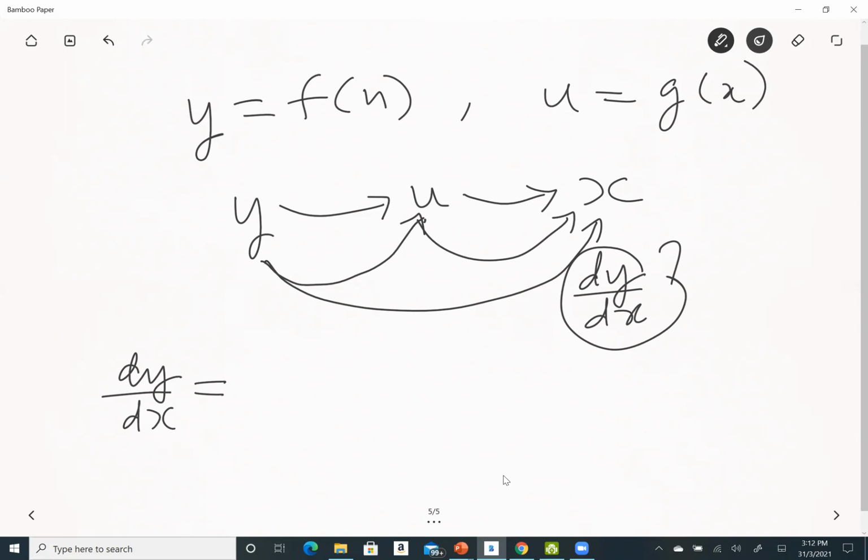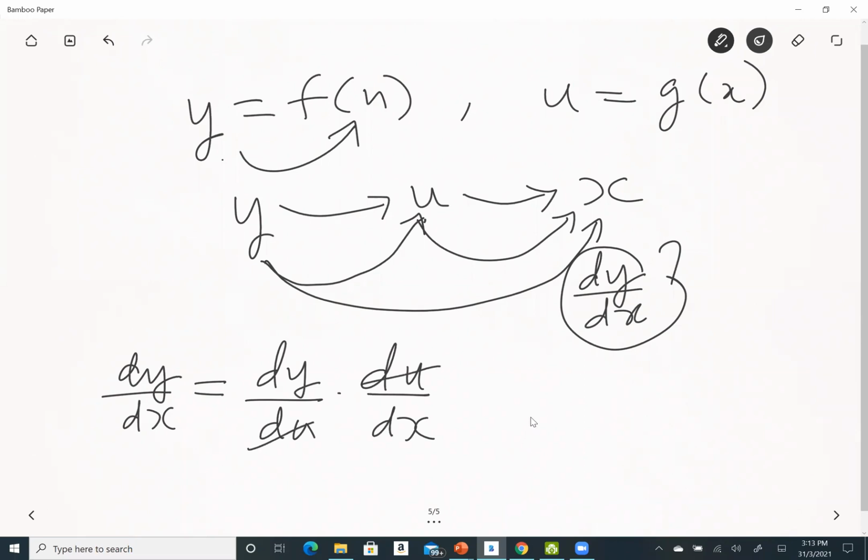So dy dx is dy du, differentiating y with respect to u, multiplied by the derivative of u with respect to x, du dx. And as you can see, du and du cancel out, so you get dy dx.